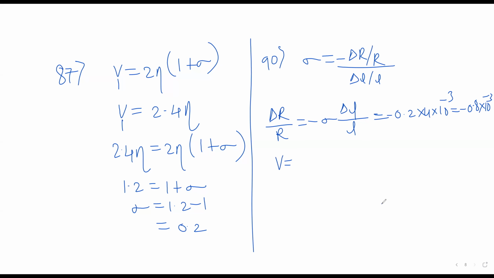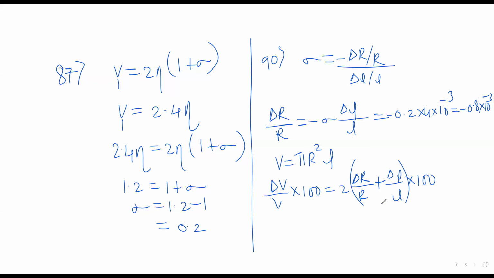Or we know V value is pi r square into L, or delta V by V into 100 is equal to 2 into delta R by R plus of delta L by L into 100 ಅಂತ ಮಾಡಬಹುದು. Or just substitute the values, 2 into minus 0.8 into 10 to the power of -3 plus of 4 into 10 to the power of -3 into 100.